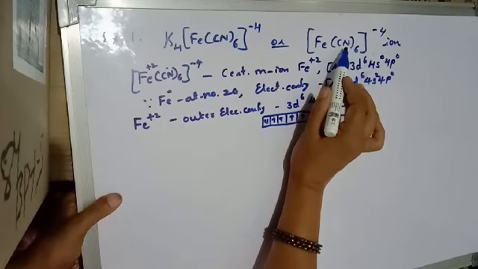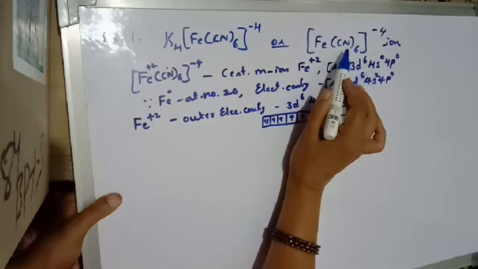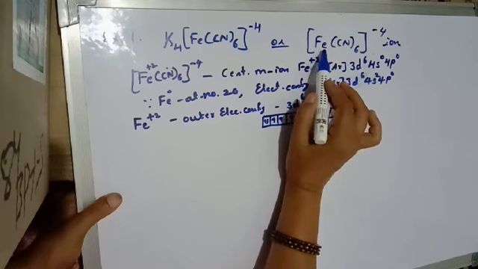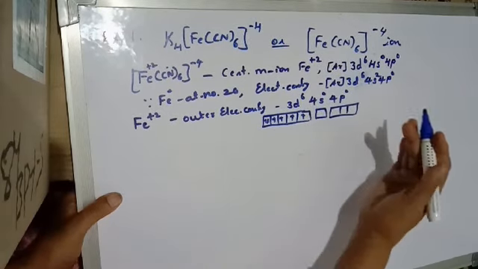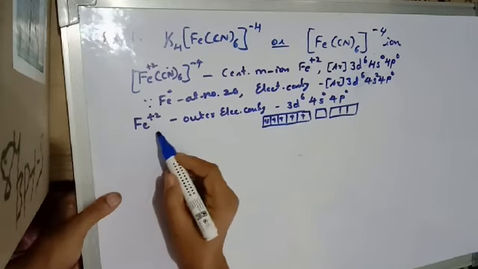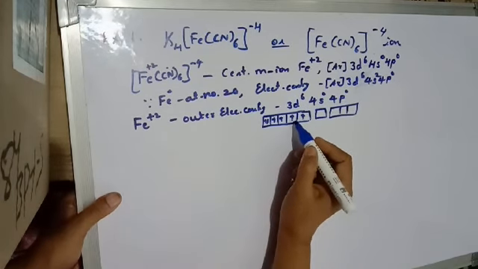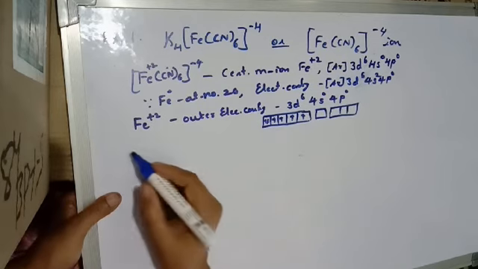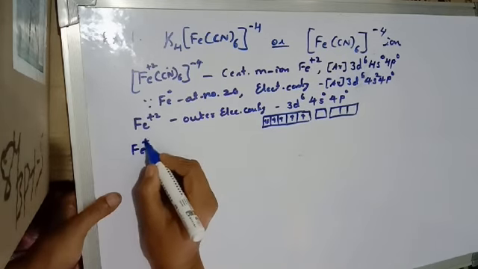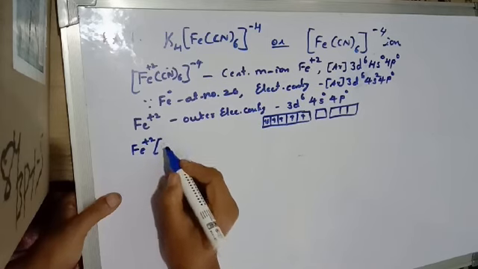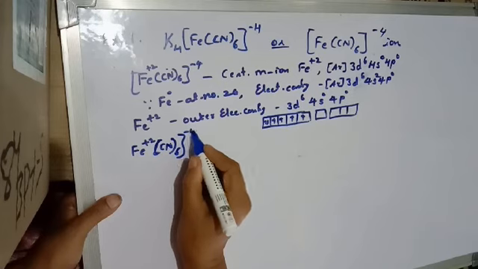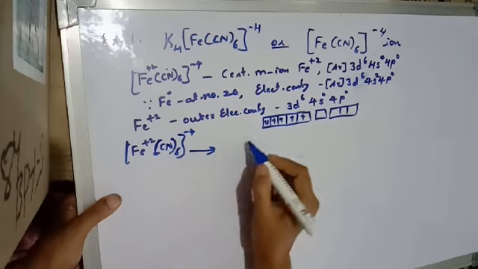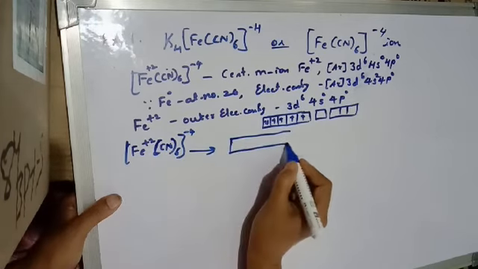Cyanide is a strong field ligand, so when the ligands approach the metal ion, the electrons are forced to pair up. Therefore, in the complex, the electrons of Fe are forced to pair up.